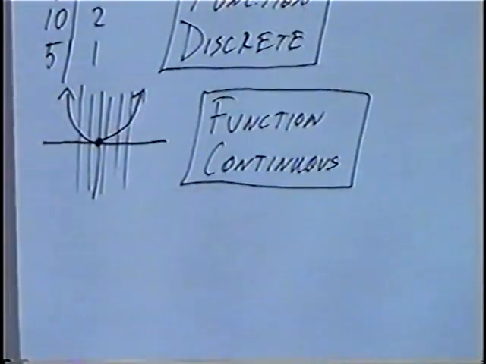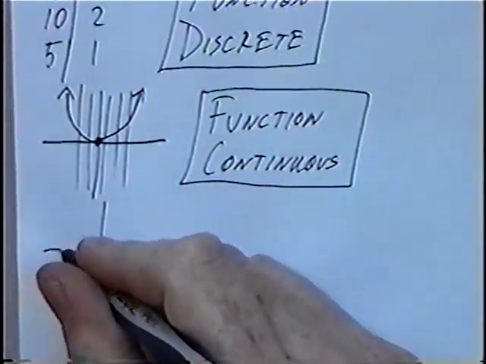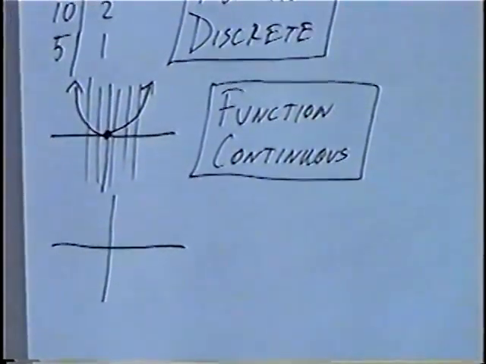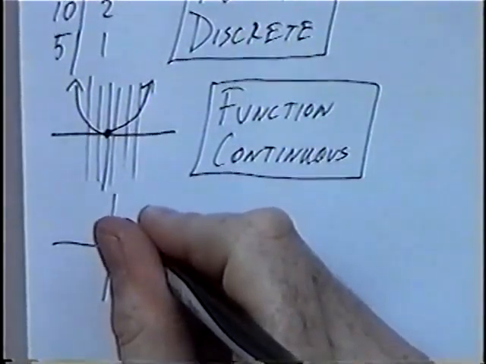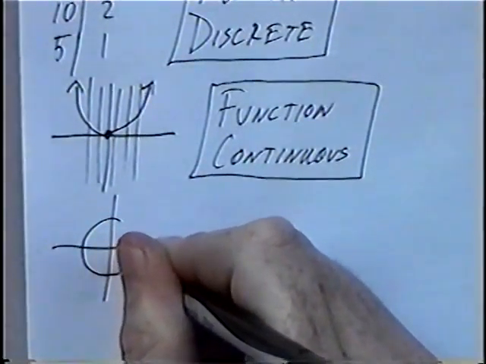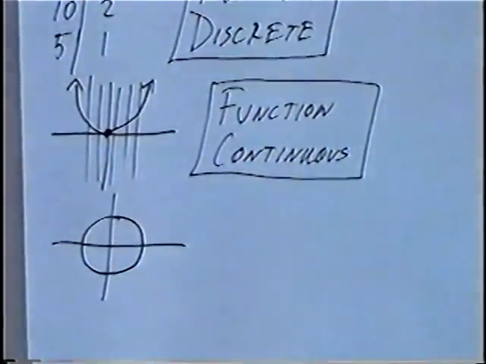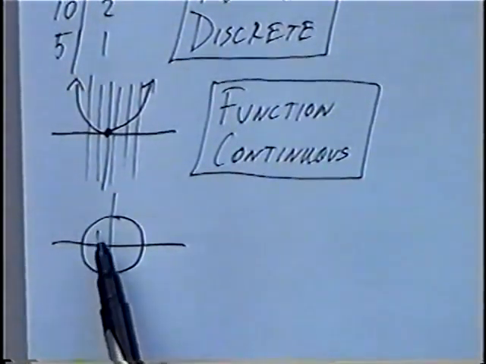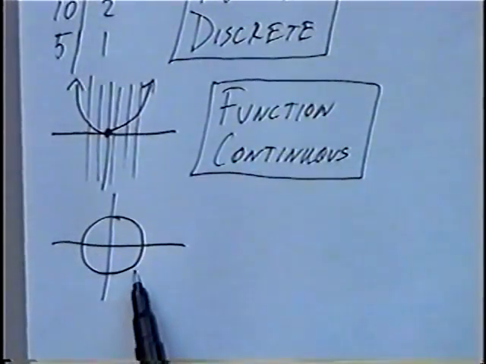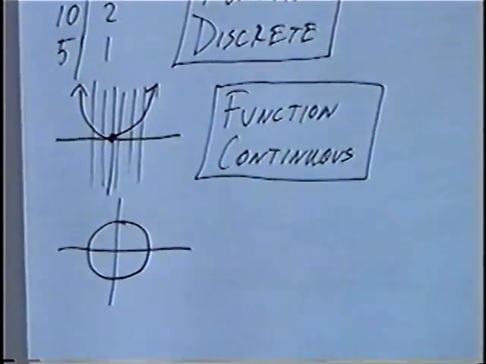And last problem for the section, again, is an xy graph, and we'll have a circle around the center of the graph. The circle, again, has an infinite number of points on the circle.